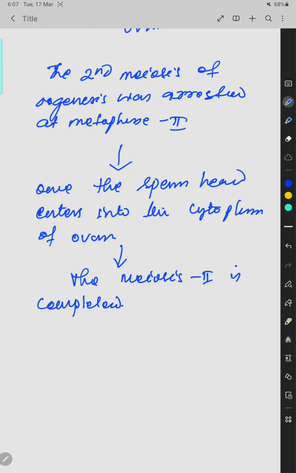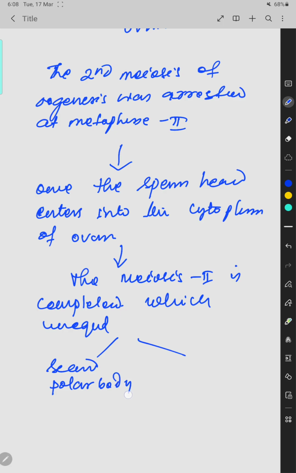So the meiotic division, which is unequal, produces the second polar body and the ovum. Now both the ovum and the second polar body are haploid.